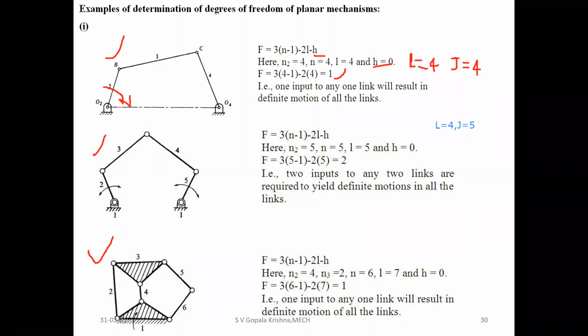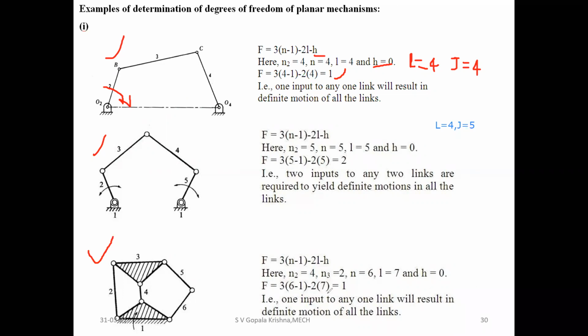The link is different and the joint is different. All of you keep it in your mind. Ternary links are arriving at this place. So 1, 2, 3, 4, 5, 6: 6 links are there. Now find the joints: 1, 2, 3, 4, 5, 6, 7.